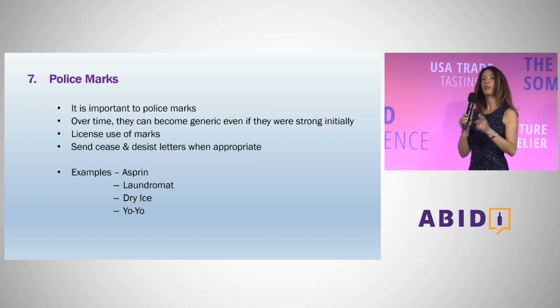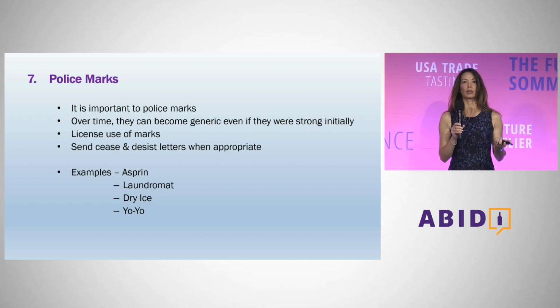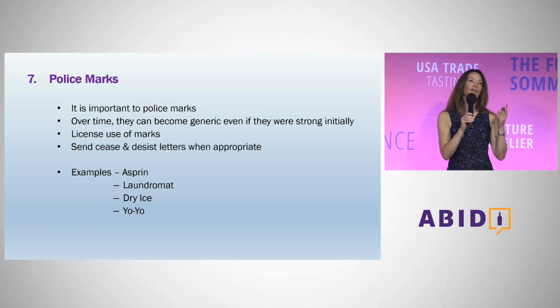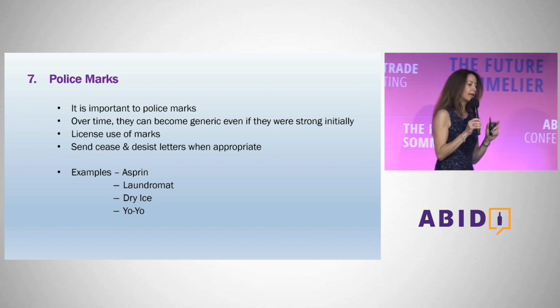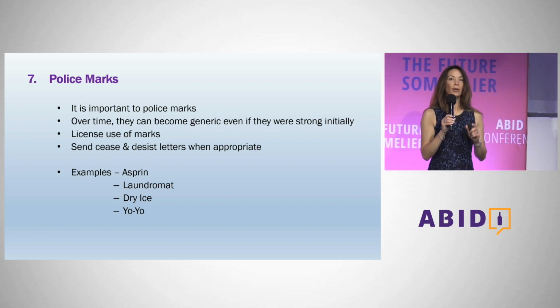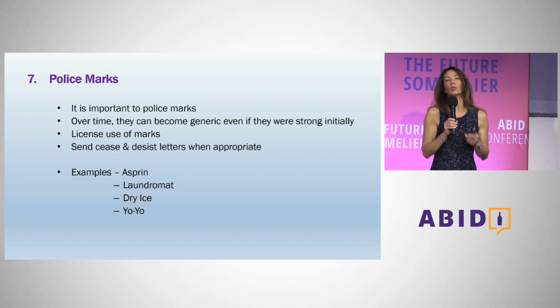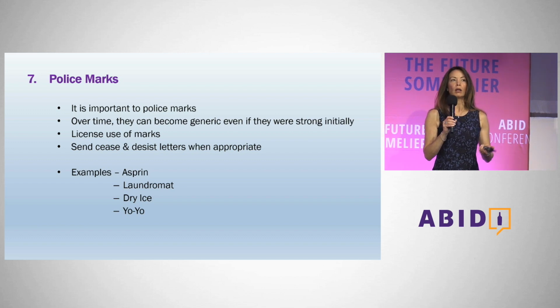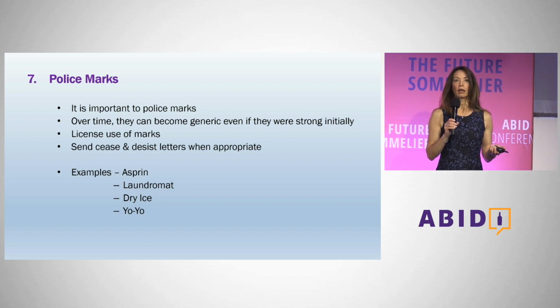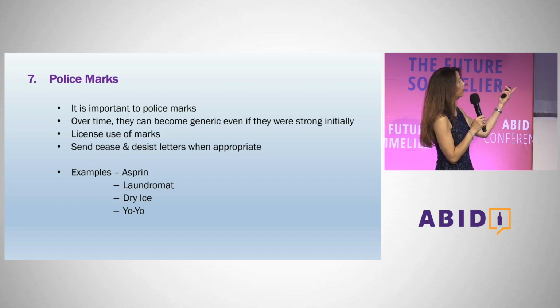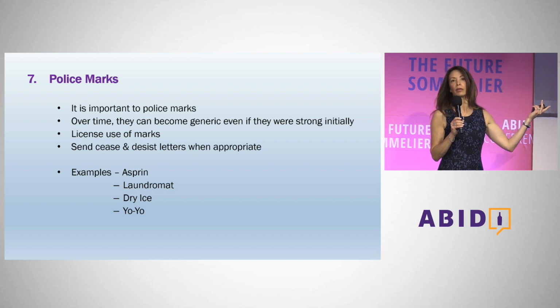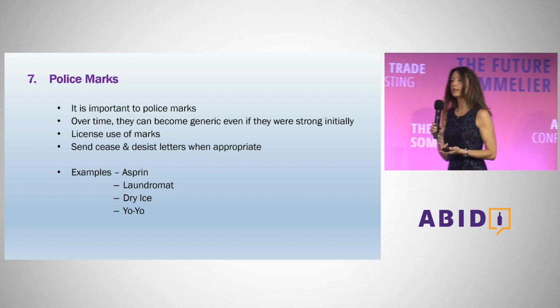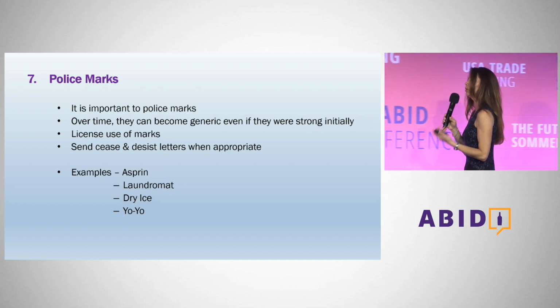When I talked about what are the strongest marks, fanciful. If I have a fanciful mark, one of the strongest out there, I made it up, but then I don't police it and everyone starts using it, well, it could become generic. And if you look up there, there are a couple of marks that I'm sure you're very familiar with. Right? You have aspirin. That's an everyday term. People refer to aspirin.